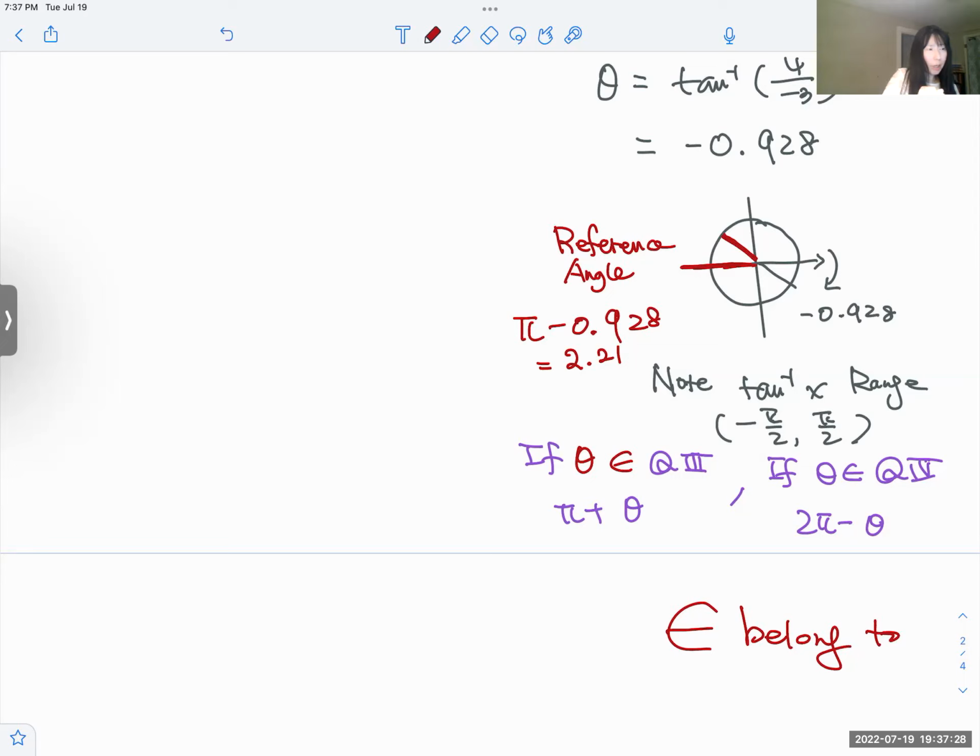Okay, so for E, we have R theta. Let me write it down.